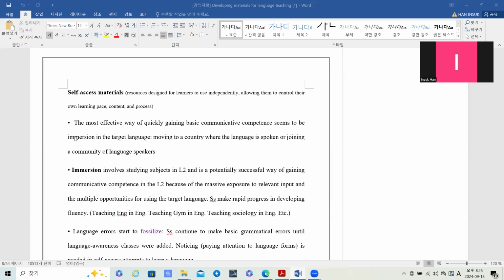So try to just visit some native countries. I mean, English language learners can visit English speaking countries, the UK or USA. Or sometimes in your cases, you are overseas learners who are learning some Korean and English as well.